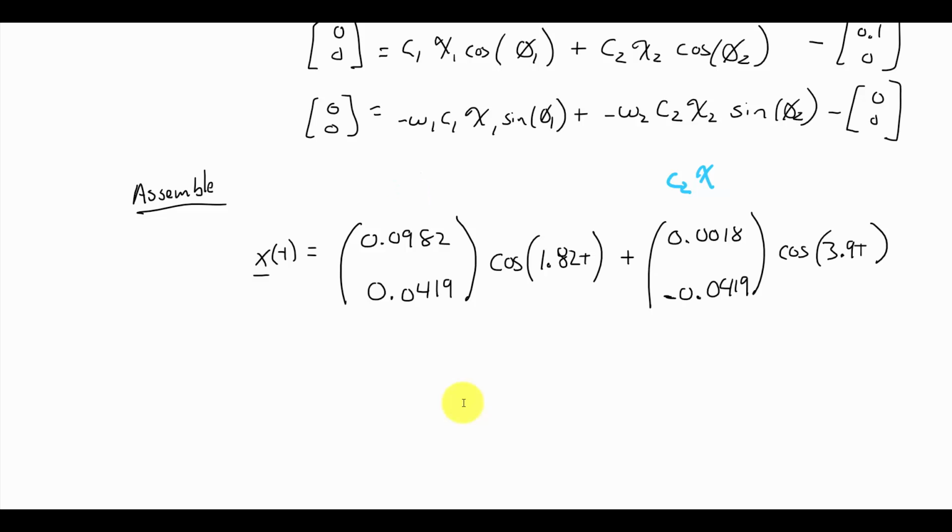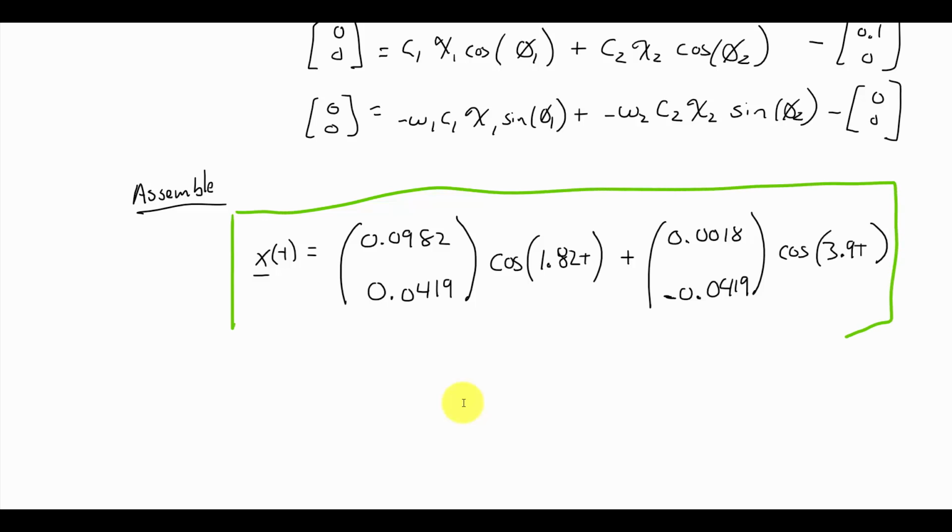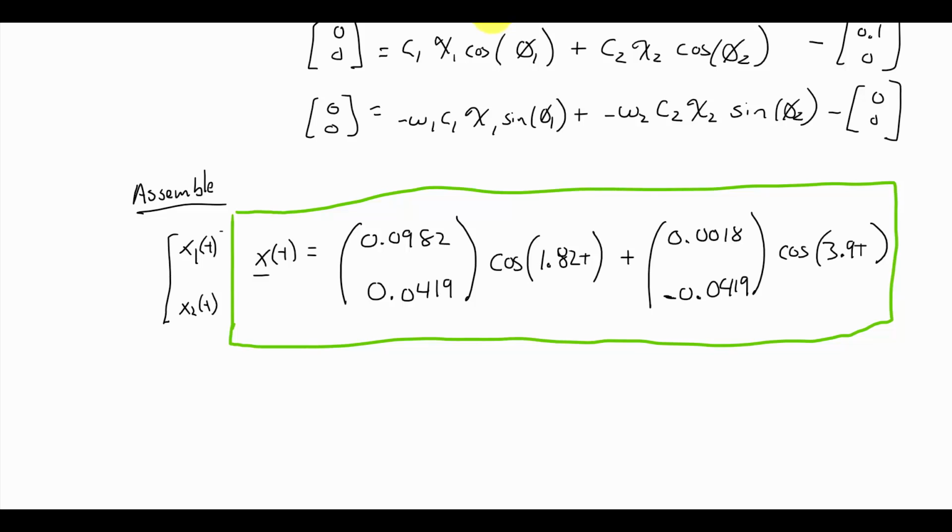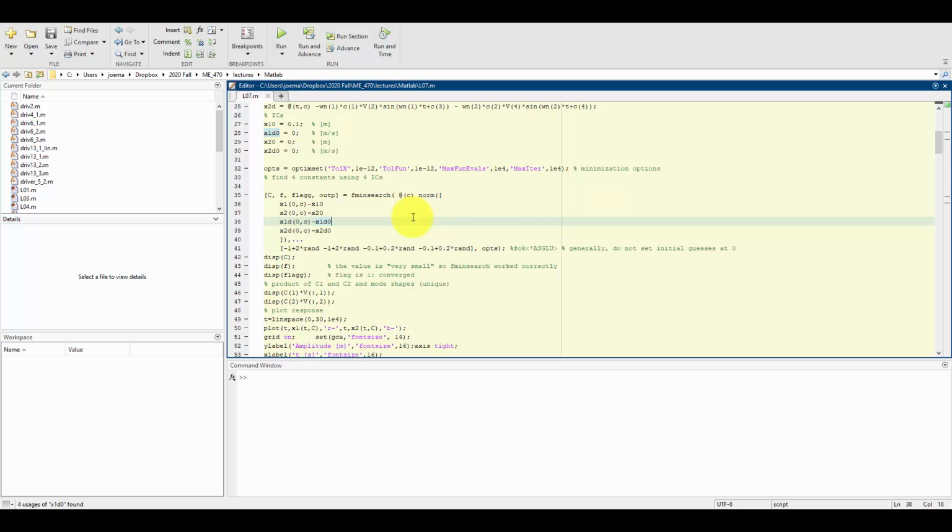So no matter what chi1, chi2 scale we found, this is what we should be getting for our total solution once we multiply everything out and apply our initial conditions, where the top row is x1 and the bottom row is our x2. So it's just written in this vector form, but that is our solution.